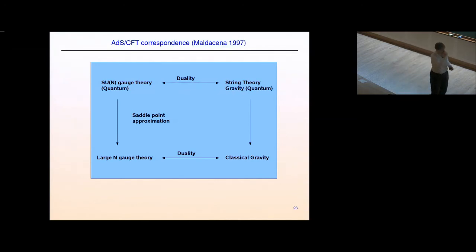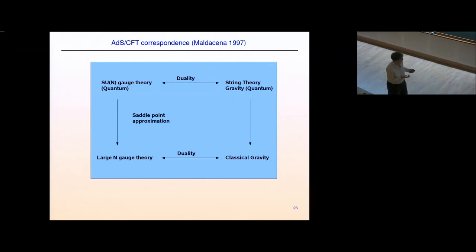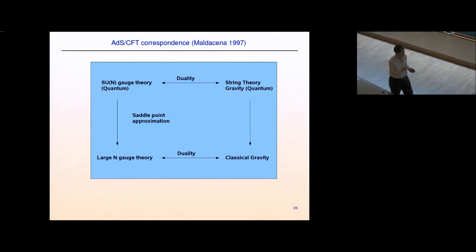Also in this application to QCD, of course, you cannot so directly compare because in low energy, strongly coupled QCD, it's very hard to do explicit calculations. But the example I'm going to show is a comparison with lattice gauge theory, where you calculate some meson masses in this large N gauge theory, and then also calculate the same meson masses in the gravity theory, and you can compare to lattice gauge theory, and there's a surprising similarity of the result.